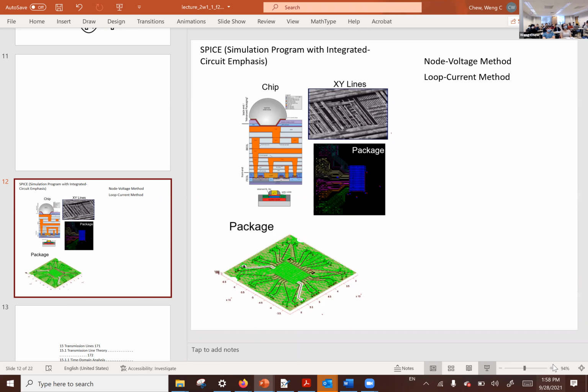You send signals into all the transistors, and they switch. So these are six levels. And finally, at the bottom is the transistor.